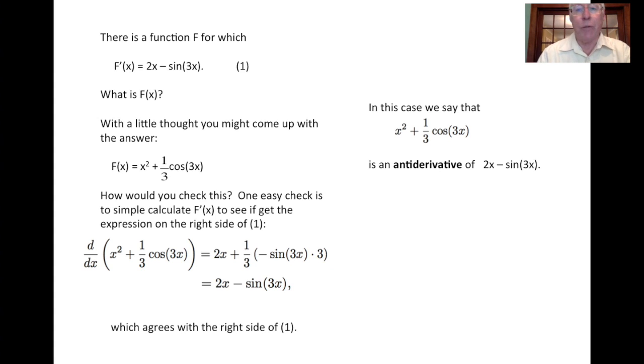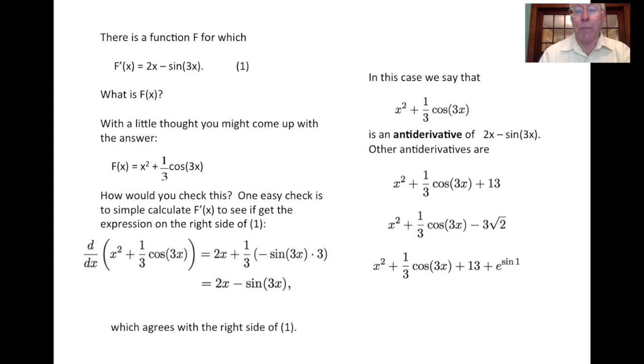So in this case, we say that the function x squared plus 1/3 cosine 3x is an antiderivative of 2x minus sine 3x. The derivative of x squared plus 1/3 cosine 3x is 2x minus sine 3x, and hence an antiderivative of 2x minus sine 3x is x squared plus 1/3 cosine 3x.